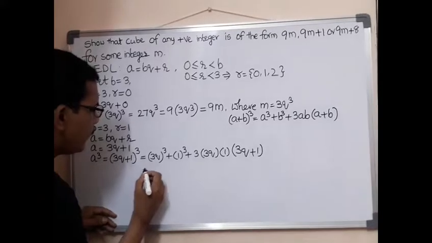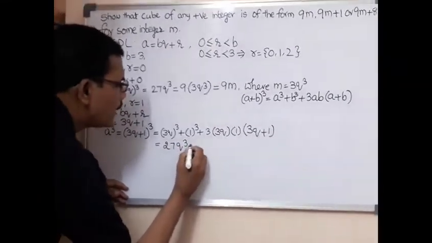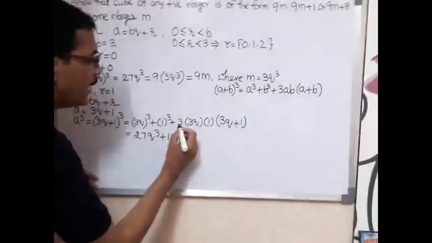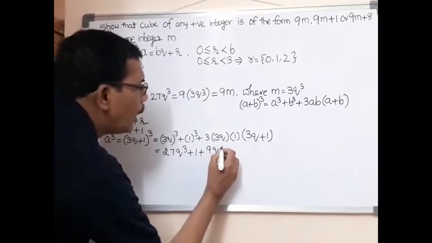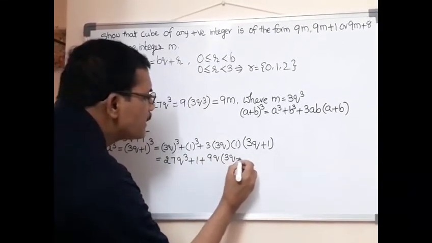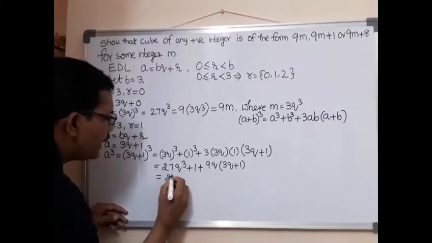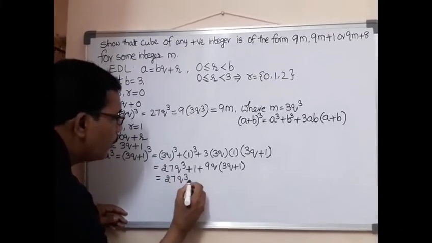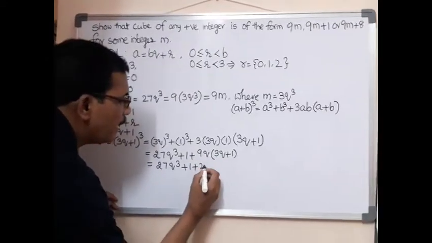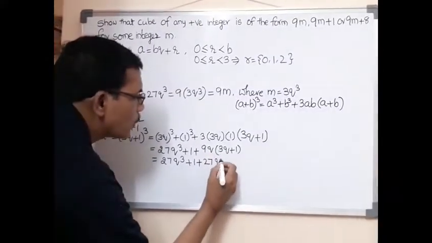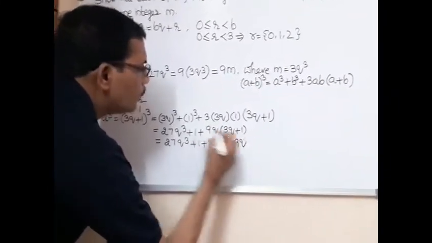Now simplify. 27q cube plus 1 plus 3 into 3, 9, 9 into 1, 9q of 3q plus 1. Again simplifying, 27q cube plus 1 plus 9 3s are 27, q into q square, 9 into 1, 9q.